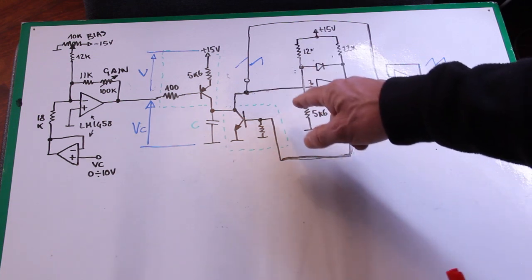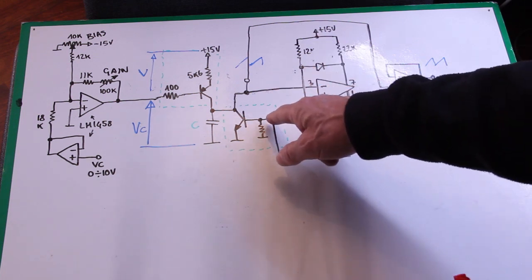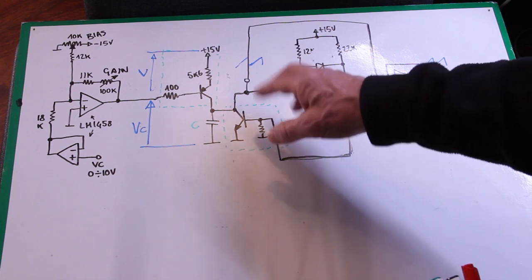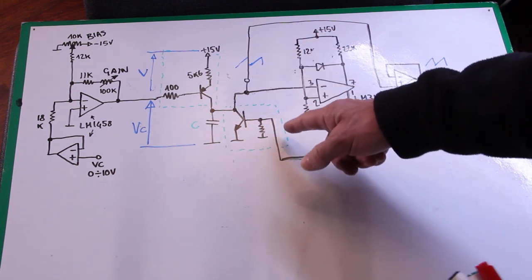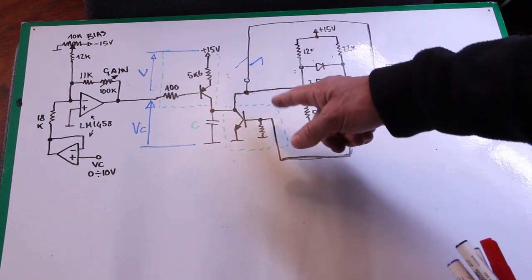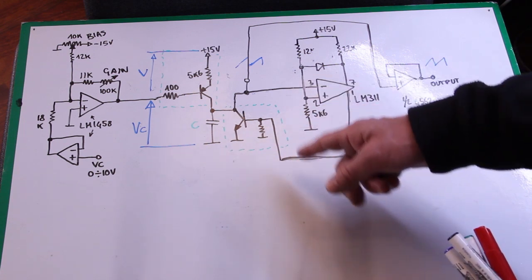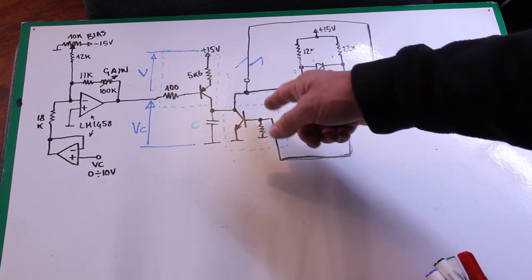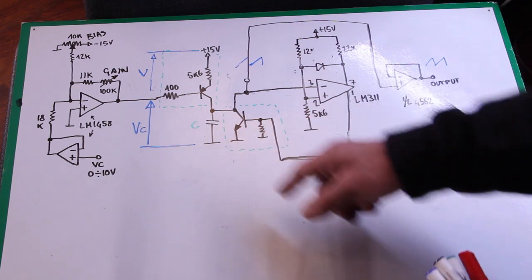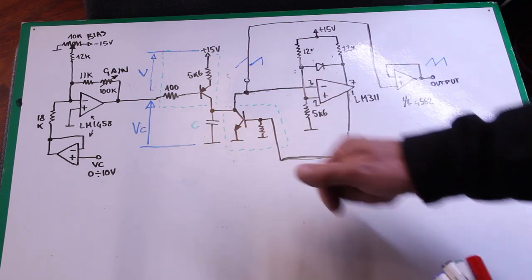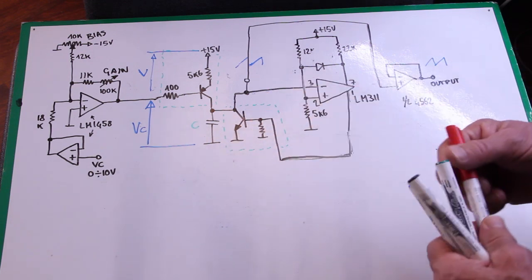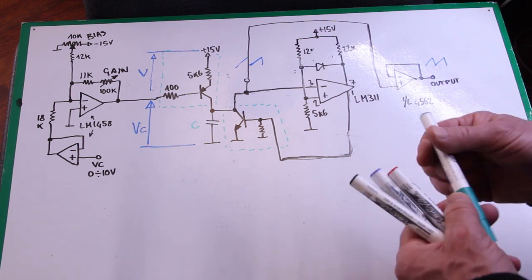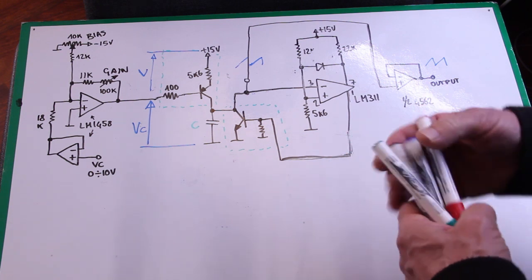To solve this problem, we can bias the base of this transistor with a negative voltage to help drain the charges. Also, we need a diode to prevent the voltage going fully negative, causing a reverse bias avalanche between the base and the emitter junction. This diode needs to be fast itself in getting rid of the charges.